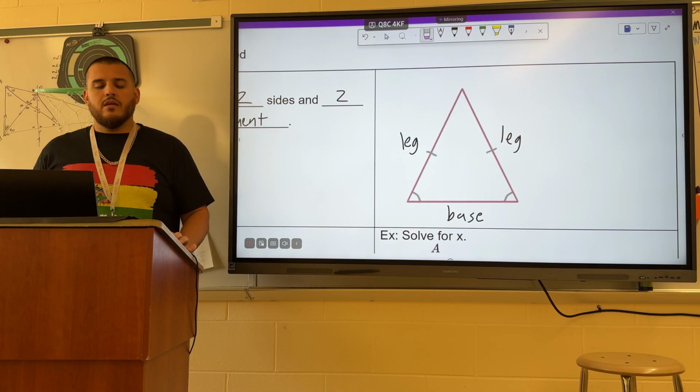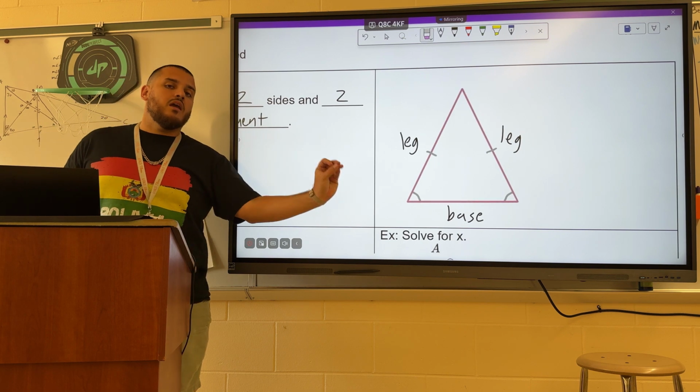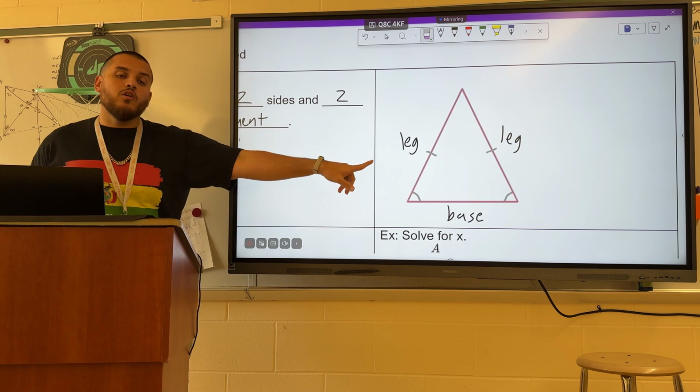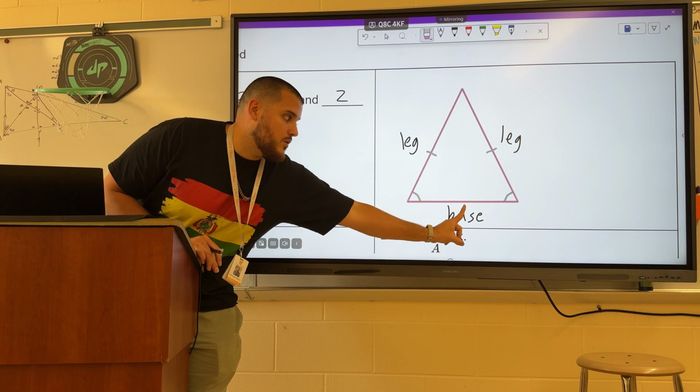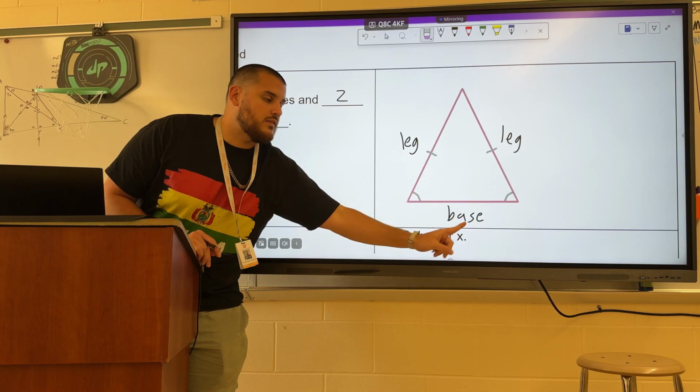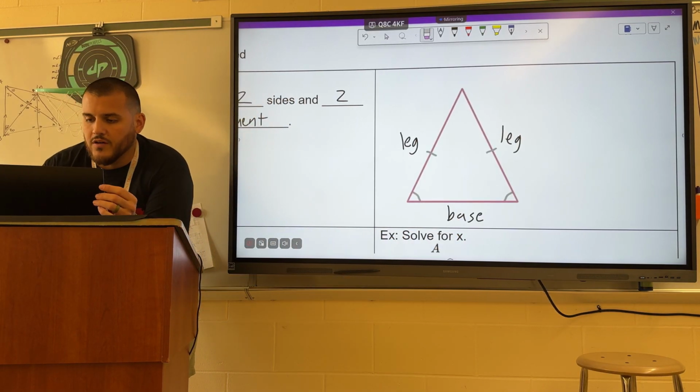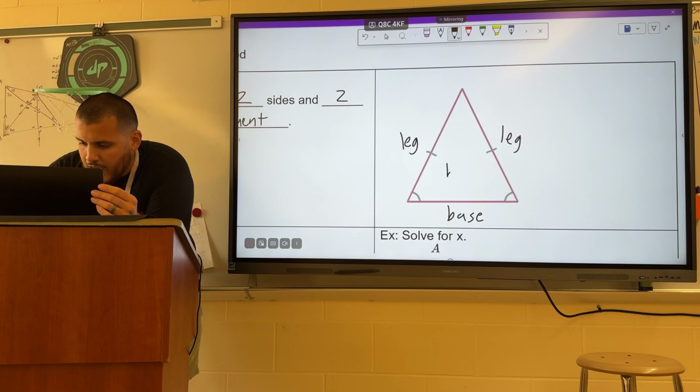That is your base. We also need to be able to refer to the angles appropriately. Those congruent angles, notice that they both touch the base. They're both adjacent to the base. We're going to refer to those as base angles. So our base angles are the two angles that are congruent.